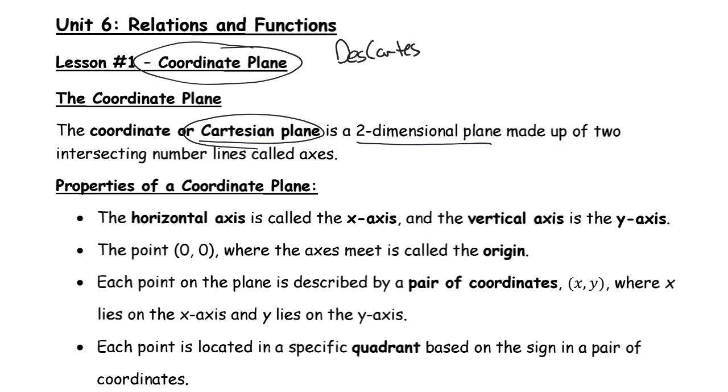So it's made up of two intersecting lines that meet at right angles to each other, and we call these the axes. Here's an axis and here's an axis. Now, some more information about this. The horizontal axis is called the x-axis.